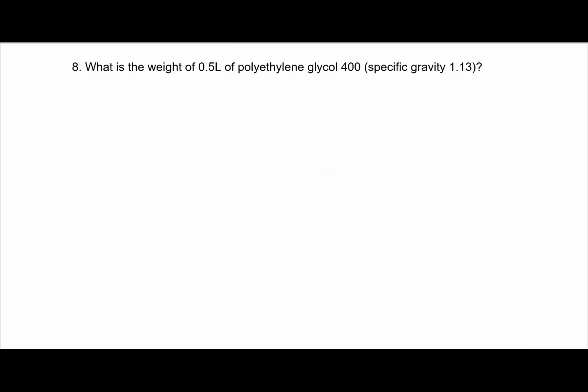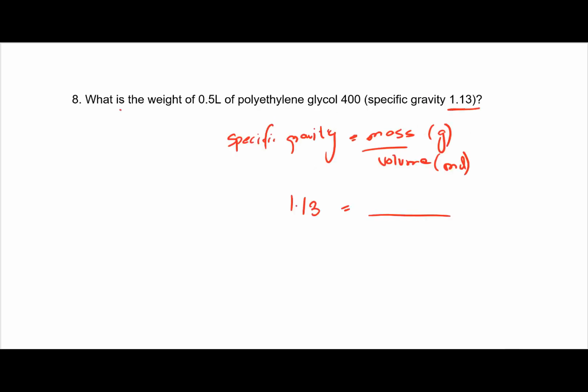What is the weight of 0.5 liters of polyethylene glycol 400, specific gravity is 1.13? So again, specific gravity is the same thing, mass over volume. Specific gravity is given here at 1.13. Volume is in mls, mass is in grams. What is the weight? That is what I have to find out.